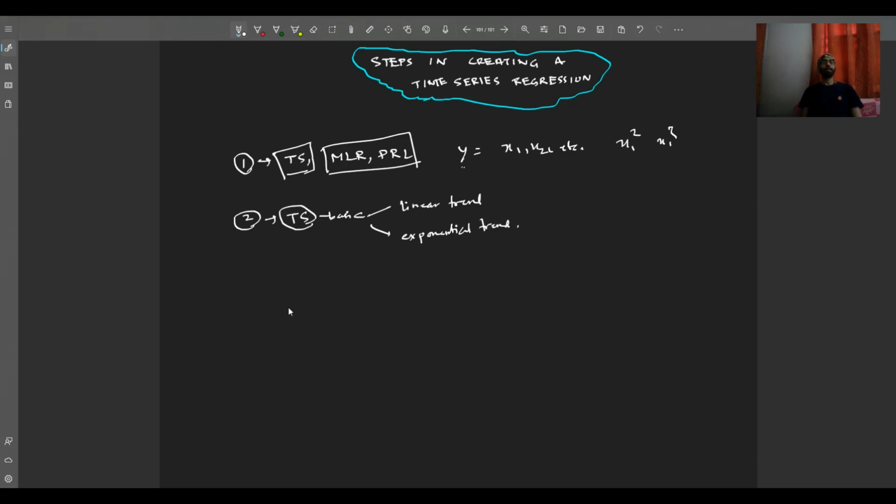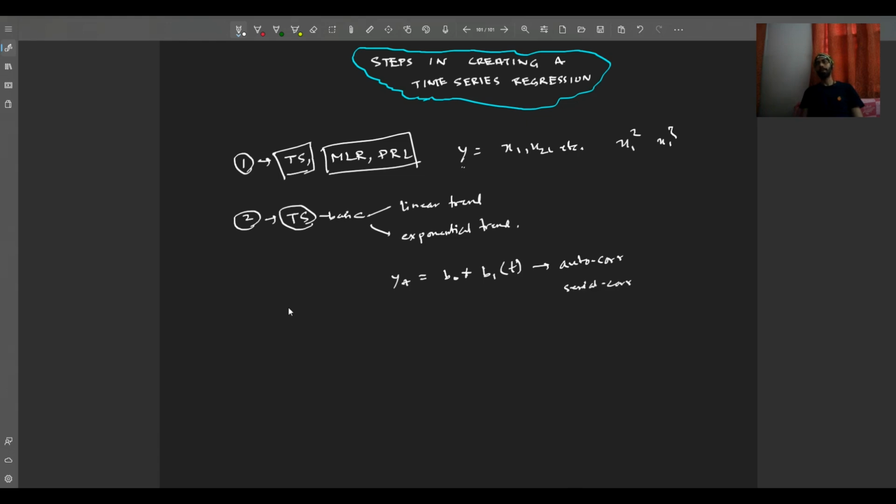So let's say you created a model like this: yt is equal to b0 plus b1 into t. This kind of a model you have created. And what you do now is you check for autocorrelation, or serial correlation.